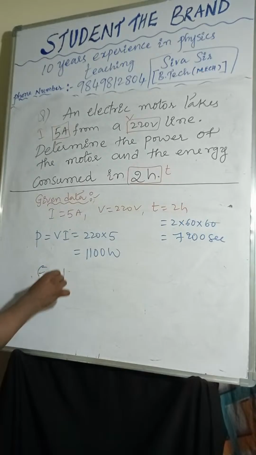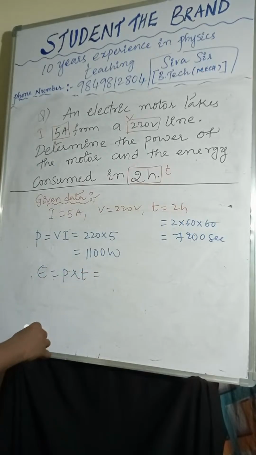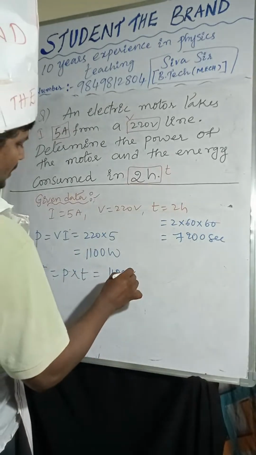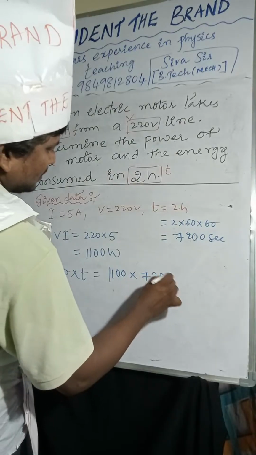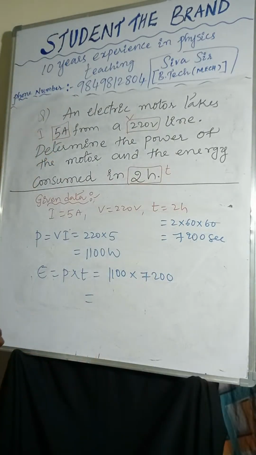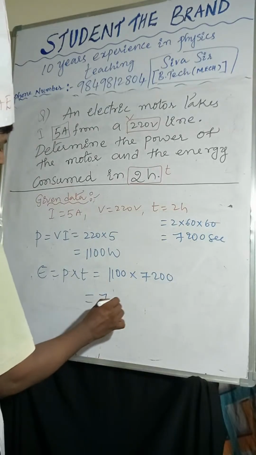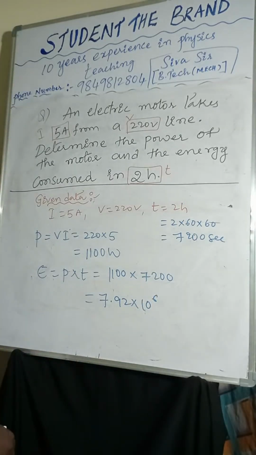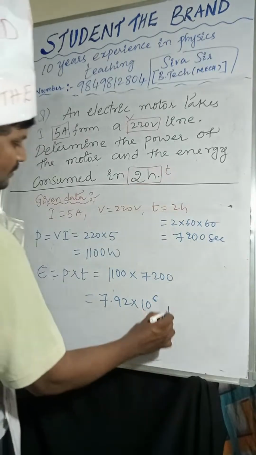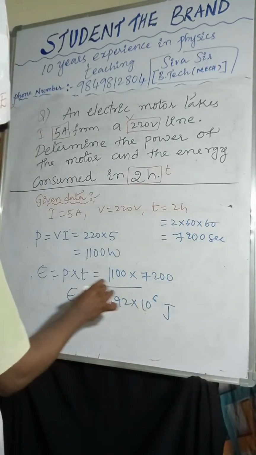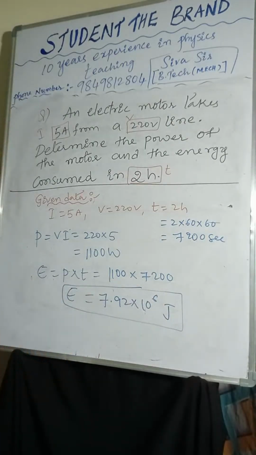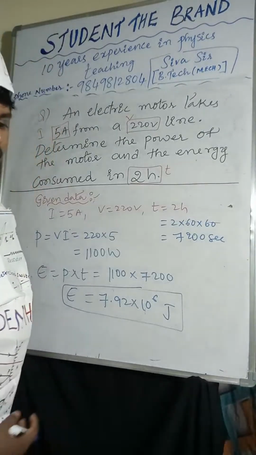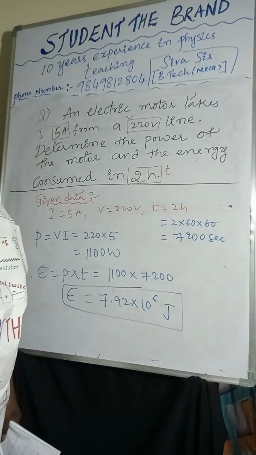Energy equal to P into T. P equal to 1100, time equal to 7200. So the total is 7.92 into 10 power 6 joule. That is the energy. So note down, we'll go to the next question.